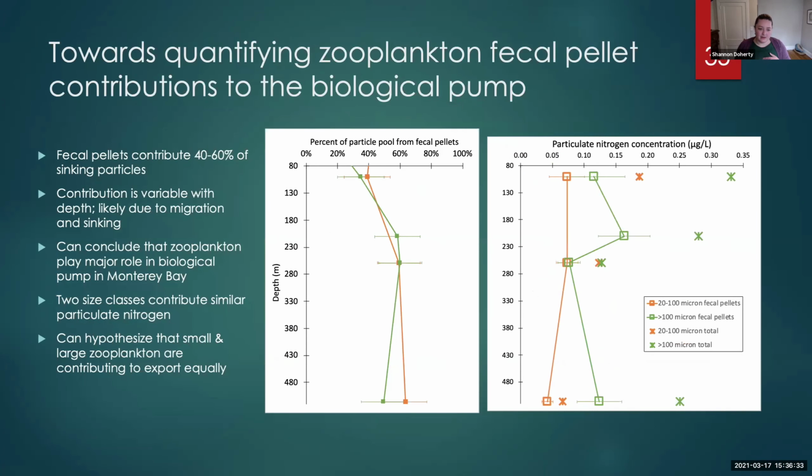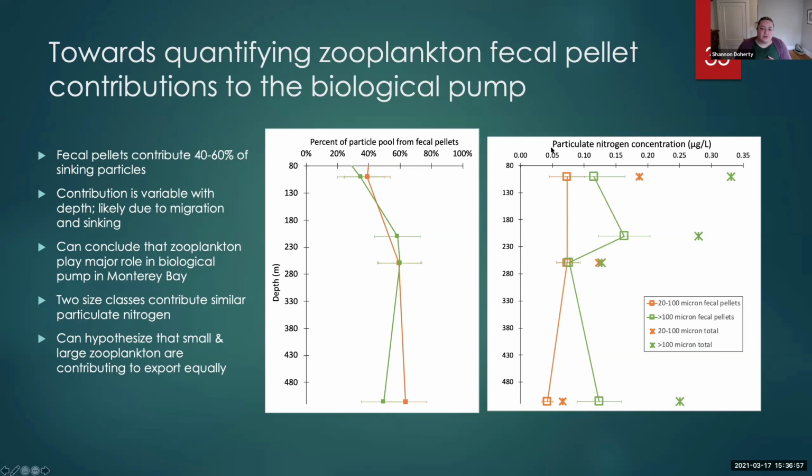So I can zoom in and talk a little bit about what we can take from this in Monterey Bay. So here I have the same plot I just showed you, which is the percent of the particle pool from fecal pellets with depth. I just took our larger particles because these are the ones that are sinking. So these are the ones that we're thinking about contributing to carbon export.